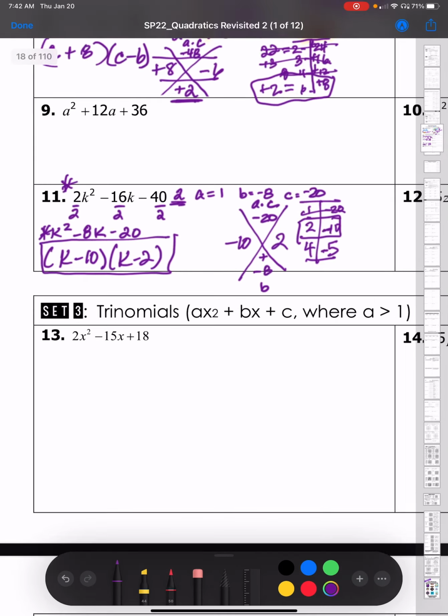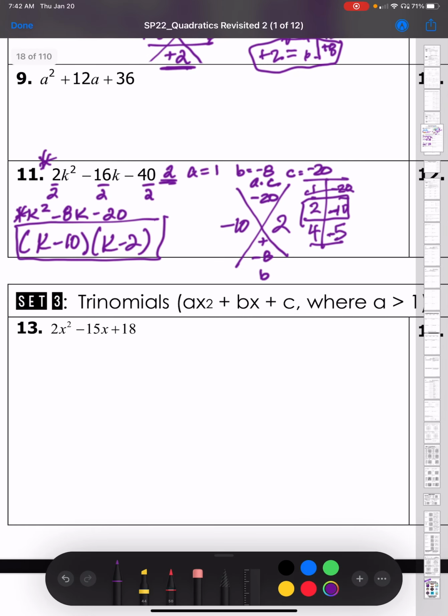If we look at number 13, we see that first of all it is in the standard form. So 2x squared minus 15x plus 18. And we're going to list our a, b, and c. So our a is equal to 2, our b is equal to negative 15, and our c is equal to 18.